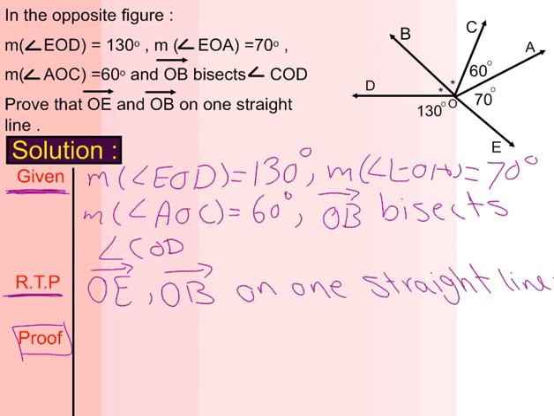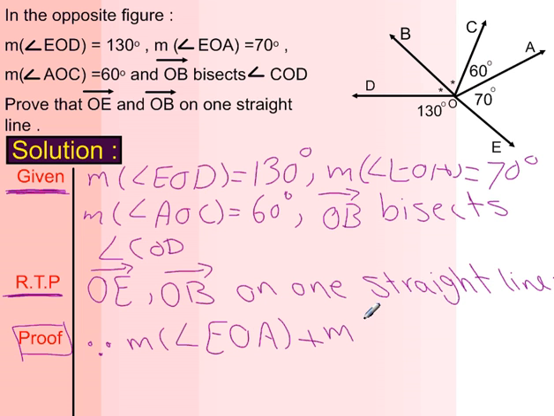These angles are called accumulative angles at a point, and we know the sum of the measures of the accumulative angles at a point equals 360.